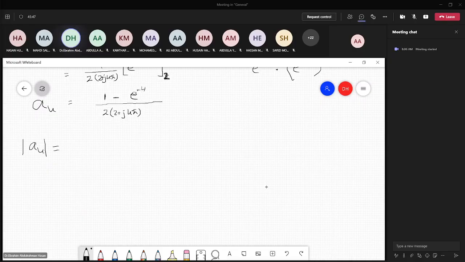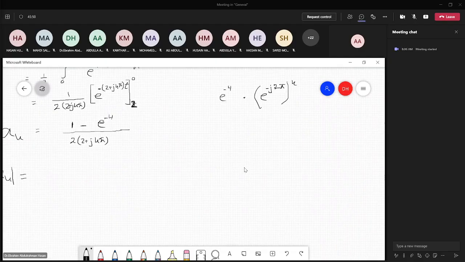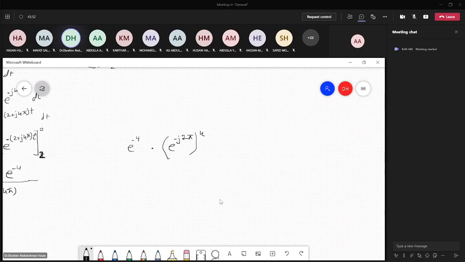So if you have R1 angle theta 1 divided by R2 angle theta 2, then magnitude is equal to R1 divided by R2, and angle equal to theta 1 minus theta 2.